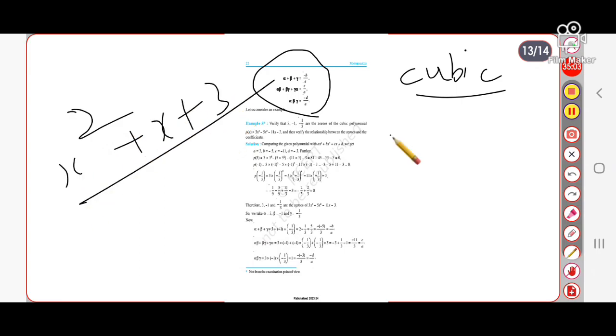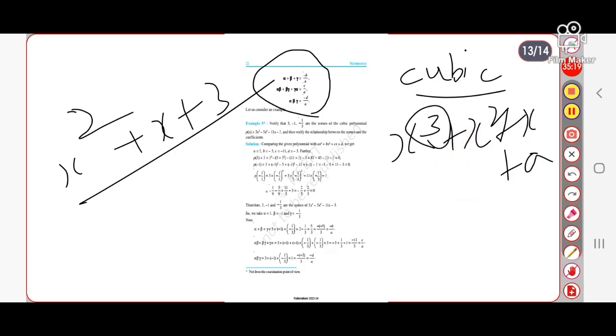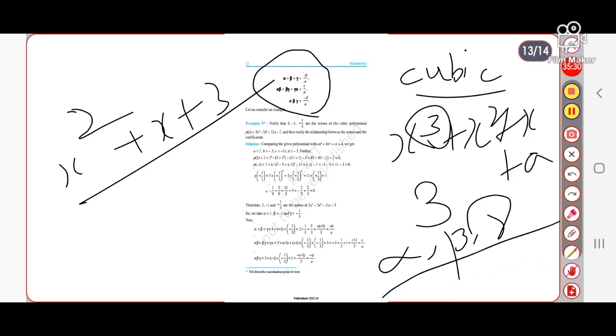Now from here we are going to see x cube plus x square plus x plus a, whatever it may be. So now we step into cubic polynomials, where the highest power is 3. So there will be 3 zeros, that will be alpha, beta and gamma. Now we are going to see it for 3 zeros.